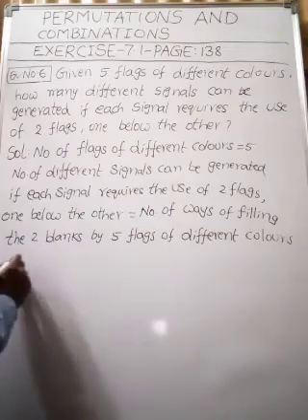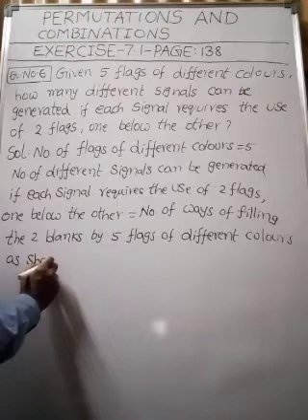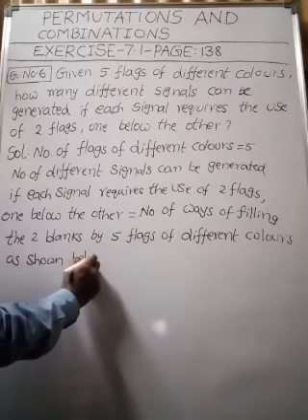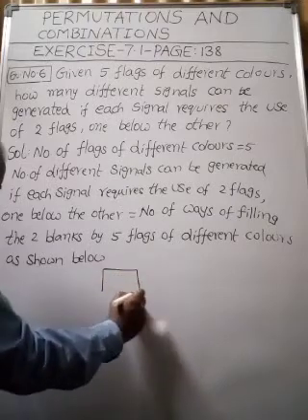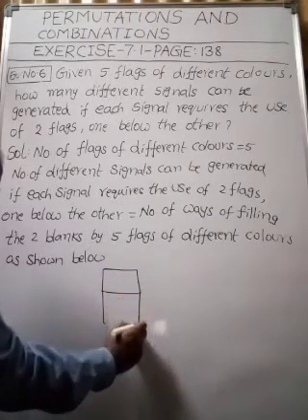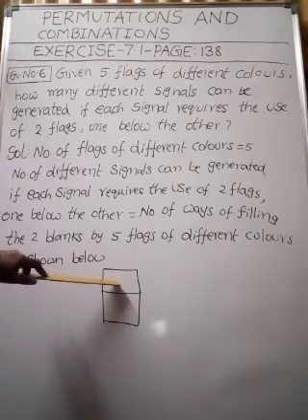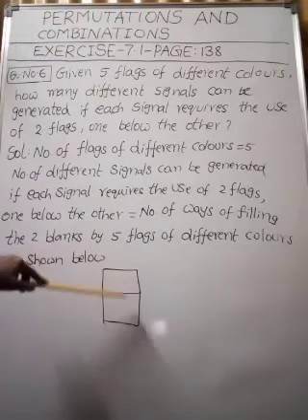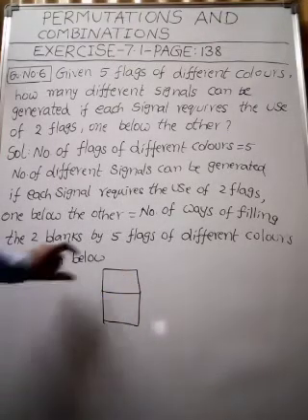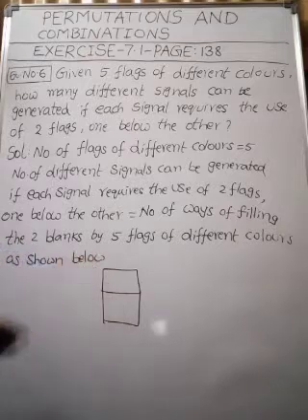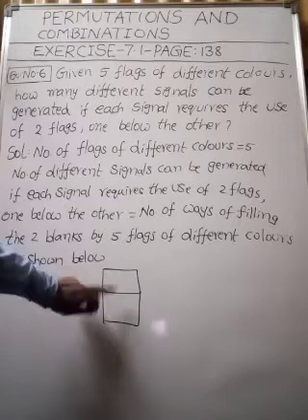Okay, my children, as shown below. See here, let us consider this is a signal. Here one color, and the second one is different from this first color. So in this signal, 2 flags should be there.